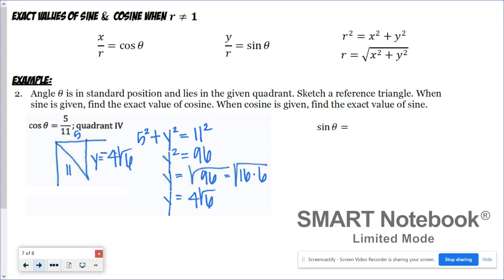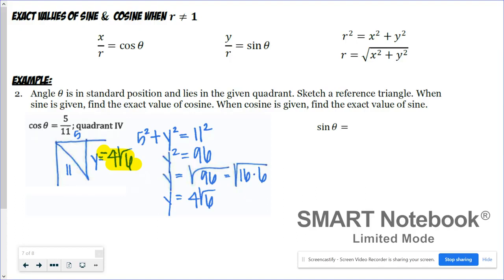Now notice when I labeled my diagram, I have y is -4√6, because you want to be very careful when it comes to the signs, S-I-G-N-S, okay? In quadrant 4, y values are negative.